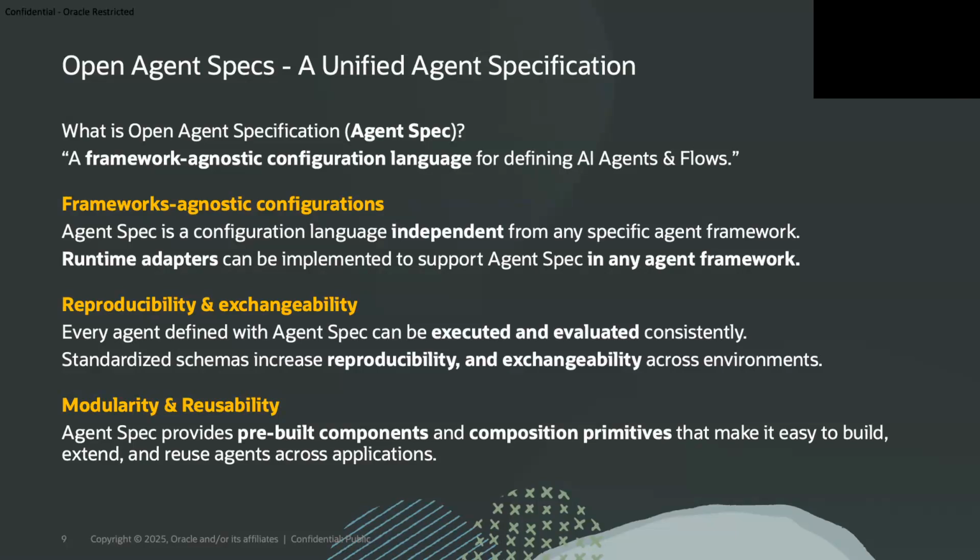These runtime adapters can take an agent spec configuration and then prepare it, adapt it to be executed within another agent development framework. That has the advantage of reproducibility and exchangeability.